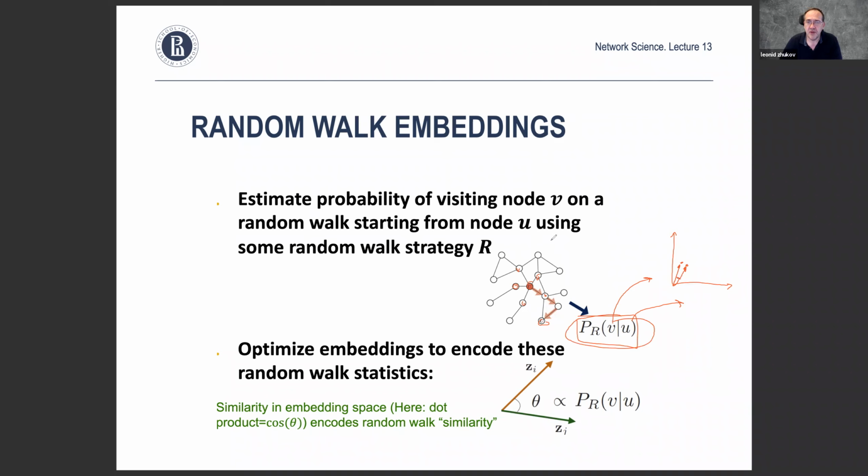Or if we take this node and some other node here, and the probability is low, then we want those two embedded vectors to be far away from each other. So we want the dot product between those two embedding vectors to be proportional to the probability of starting from node U and ending at node V. So that's really the idea.